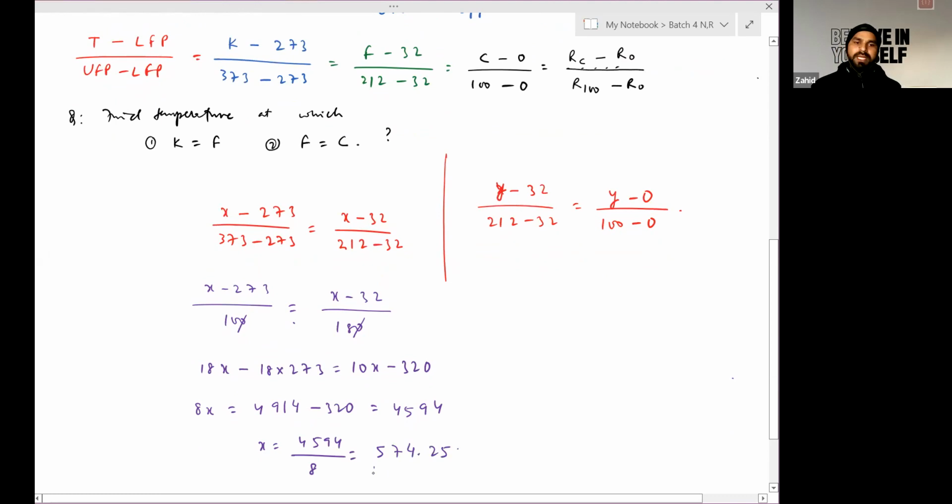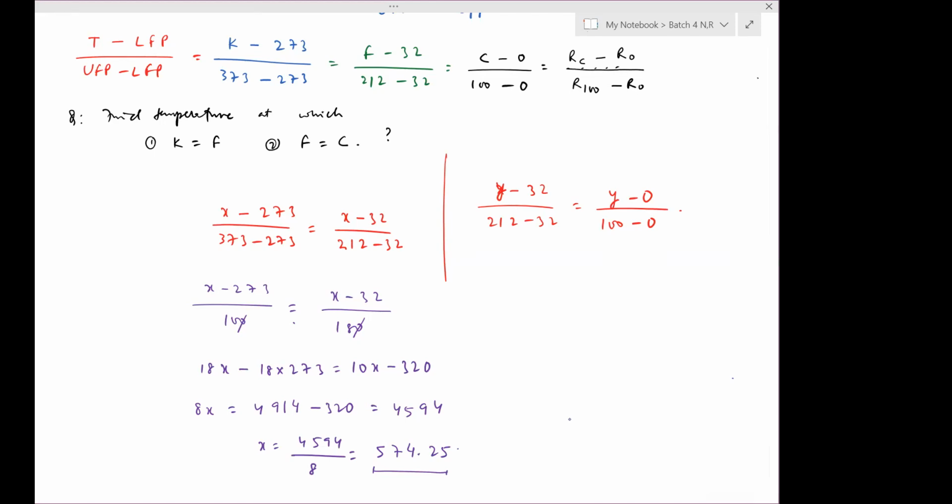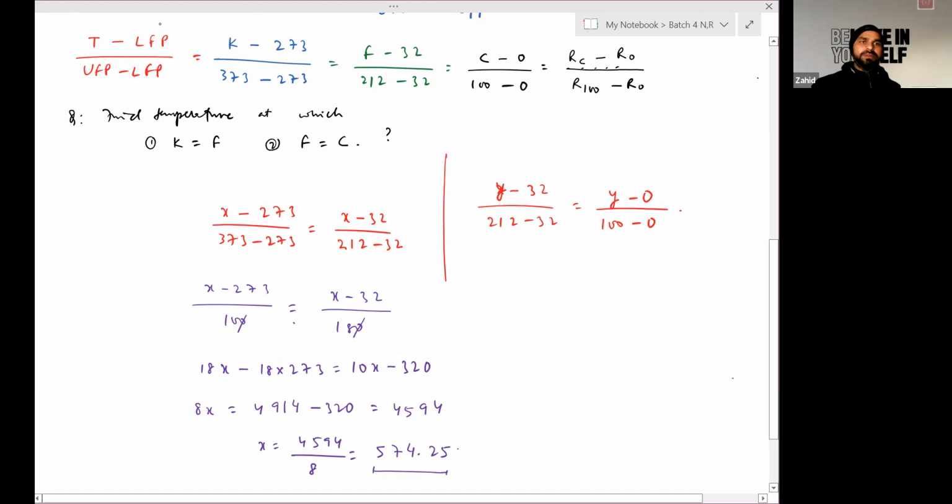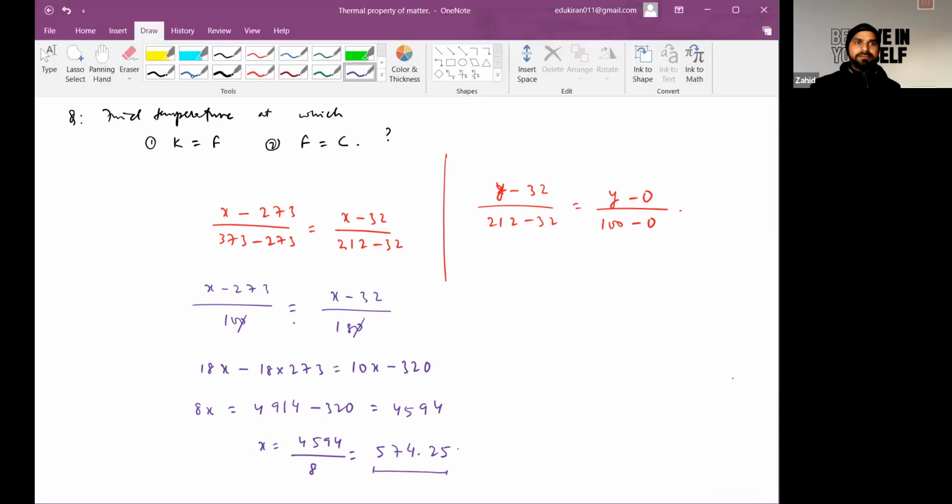At this numerical value, Kelvin and Fahrenheit coincide with each other. Is it clear? Gautam? Yes, sir. Mazia, any doubt? No, sir.